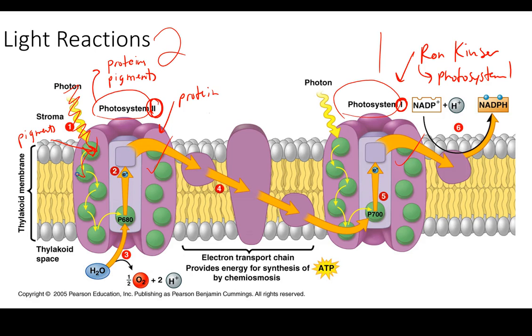Gets excited, and then we see the wave. And eventually you get to this, what we're calling special chlorophyll. We don't need to know that it's P680. And then it does what with its electrons? What do we say happens in this special central complex? What is the picture showing you?